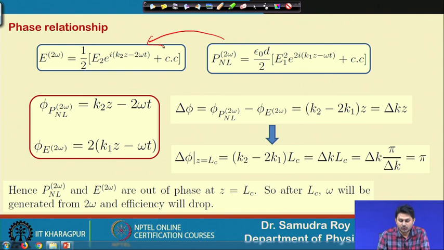But one thing you should note is that this is also a travelling wave because of this term. So, both are travelling waves, and we found in the previous class that if the velocities of these two travelling waves are the same, then we will get the efficiency maximum.